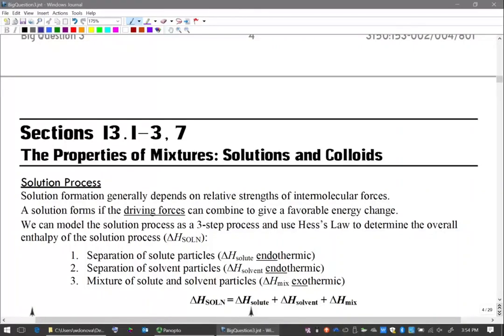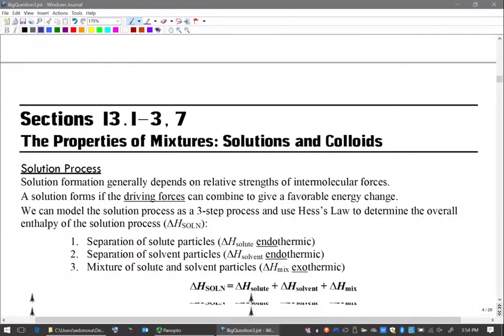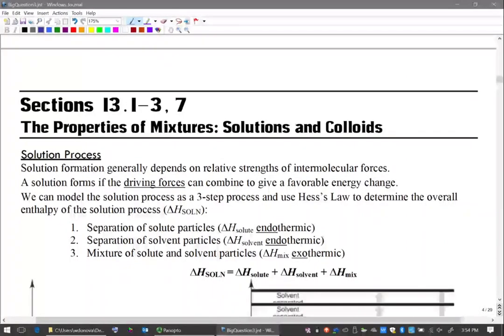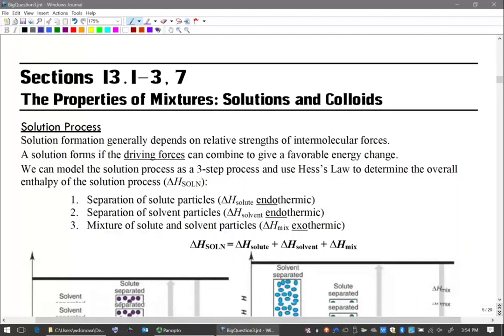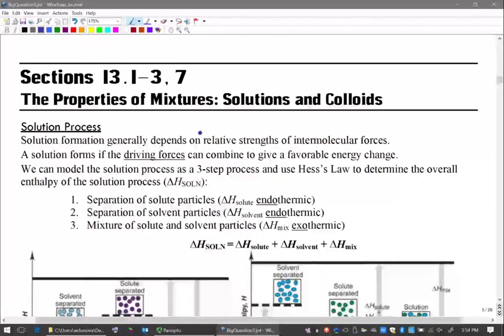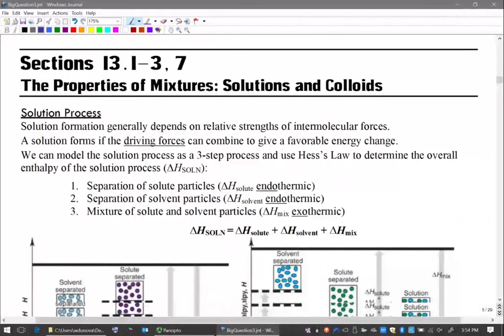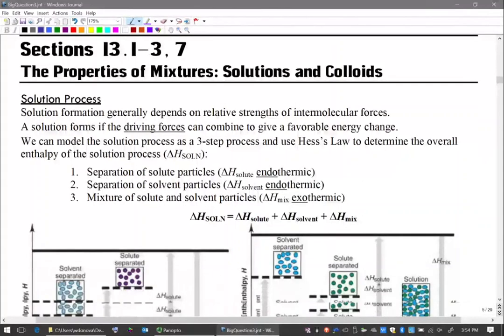We can actually use that a little bit here, because in chapter 13, they actually talk about entropy and stuff without defining it very carefully until 7 chapters later. So we were ahead of the game on that. If the driving forces, namely enthalpy and entropy, combine to give a favorable free energy change, then a solution will form. If it's not favorable, it won't.